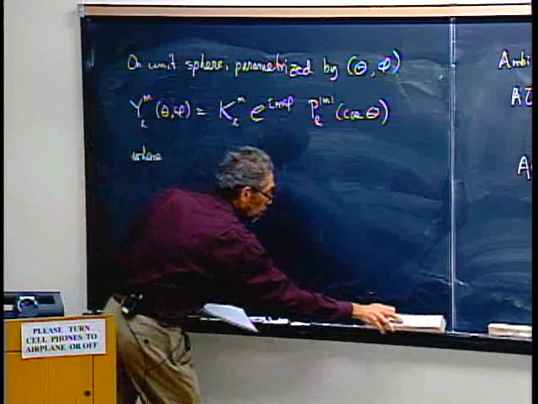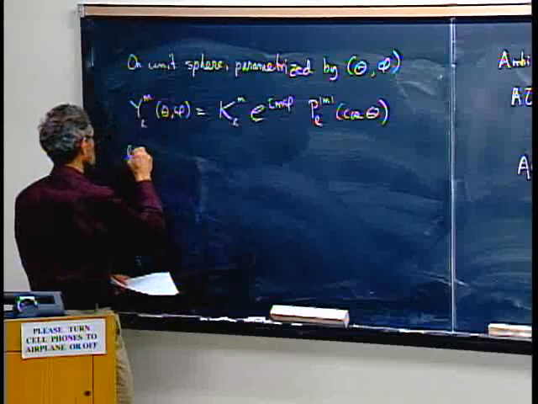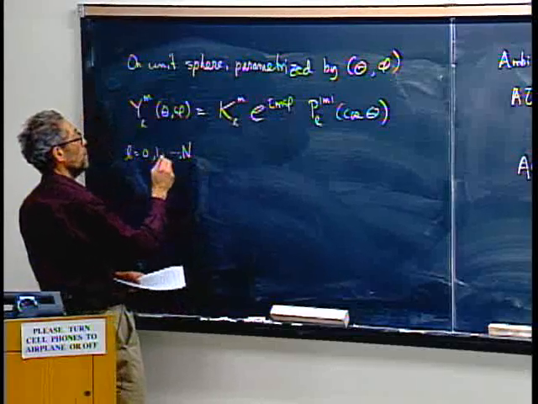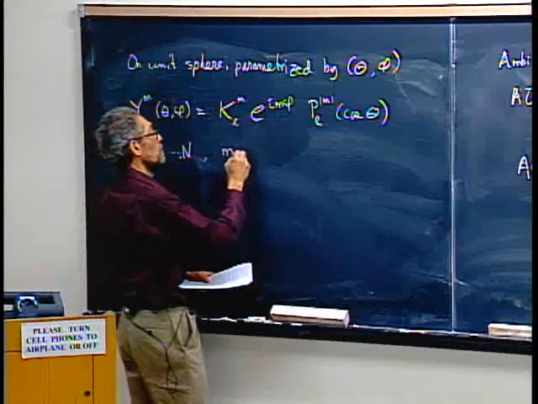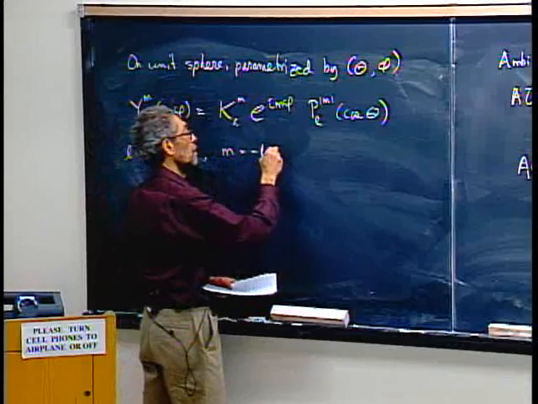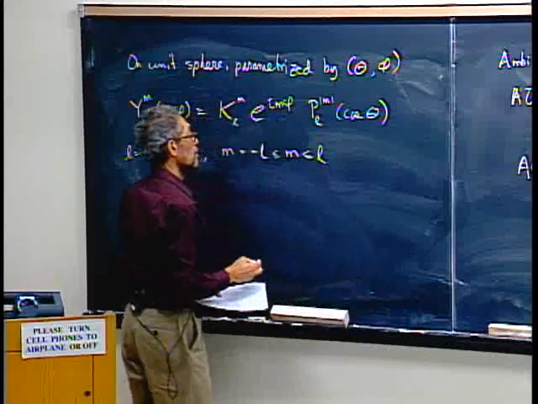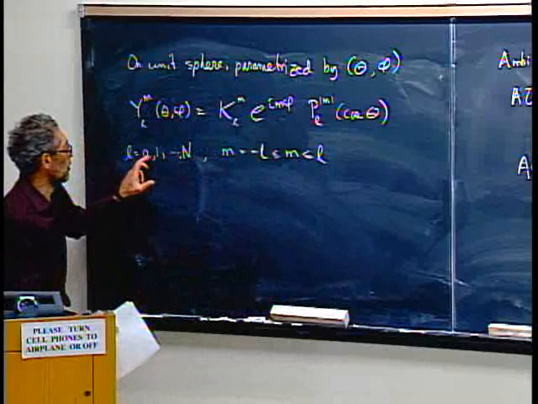First of all, for L equals 0, 1, up to some number where we're going to stop, but these could go on to infinity. And for each of those L's, m can go from minus L up to plus L. So for L equals 0, there's only one term.